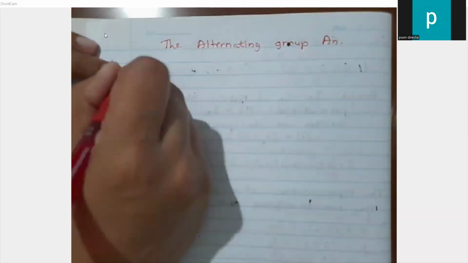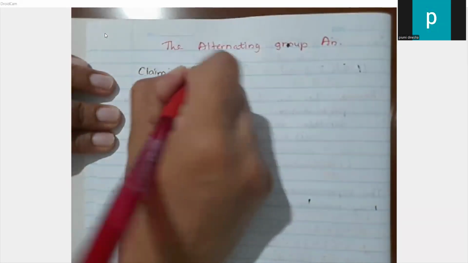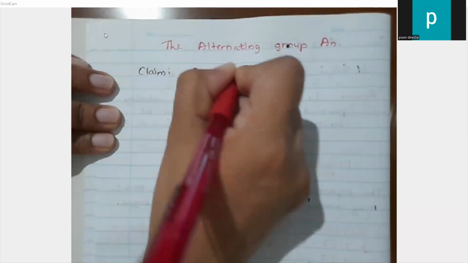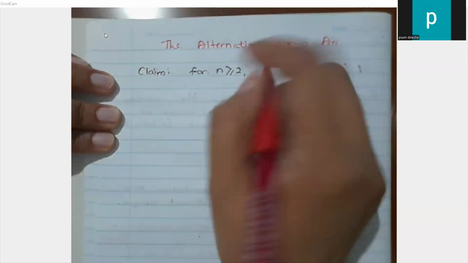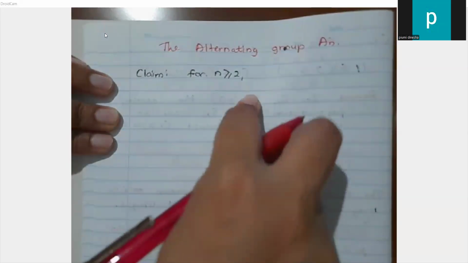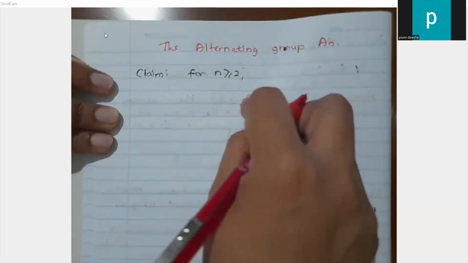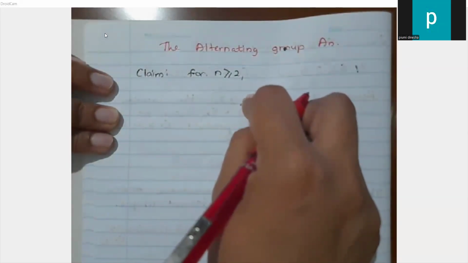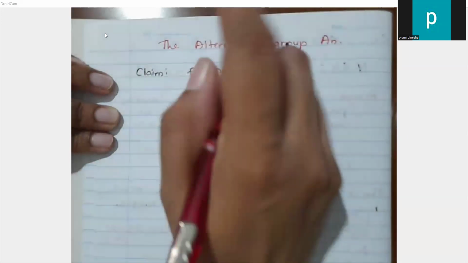So before we define this, I will make a claim that for n greater than or equal to 2, because when n is equal to 1, the permutation group S1 simply contains that identity permutation. That's it, right?